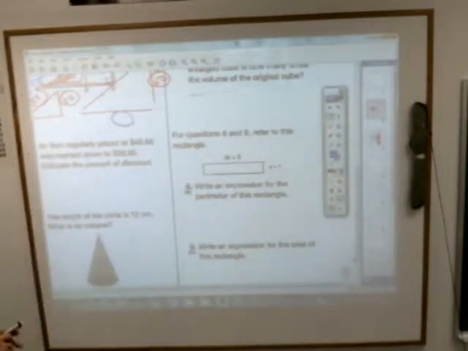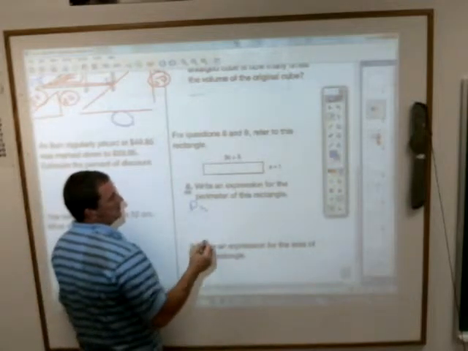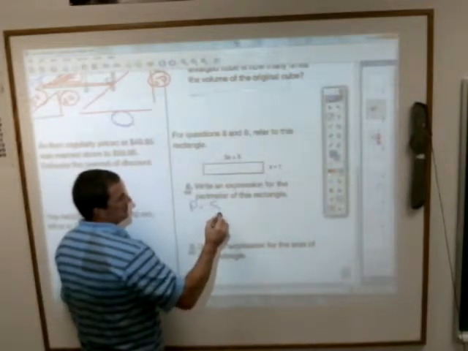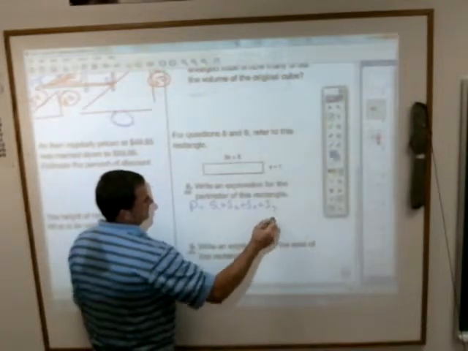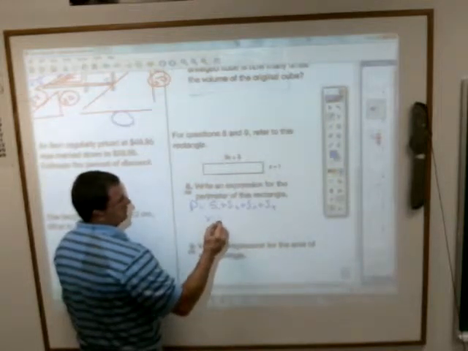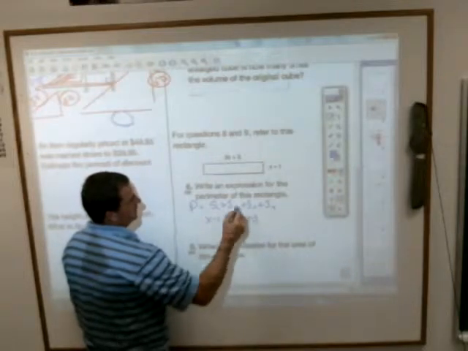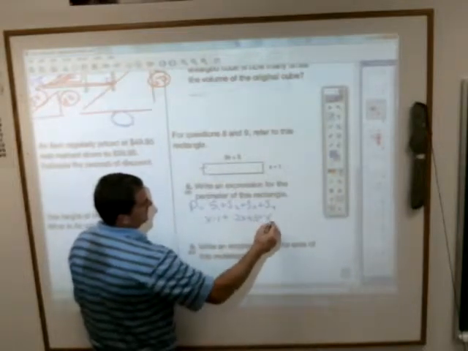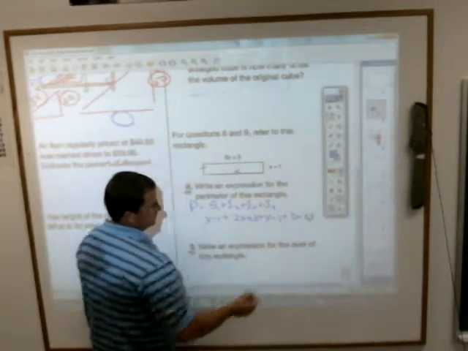Write an expression for the perimeter. The first thing I would do is, the perimeter of the triangle is side 1 plus side 2 plus side 3 plus side 4. You just need to add x minus 1 plus 2x plus 3 plus x minus 1 plus 2x plus 3.